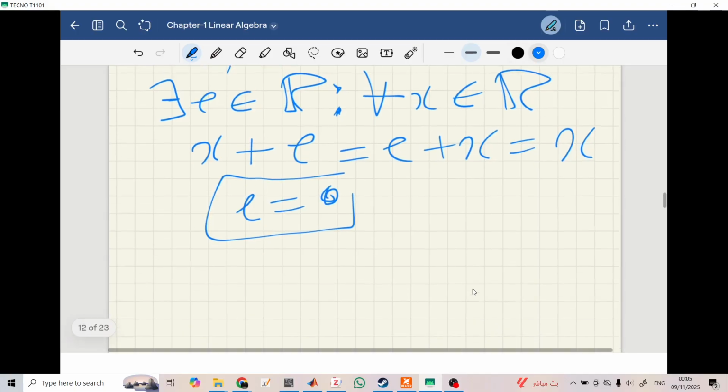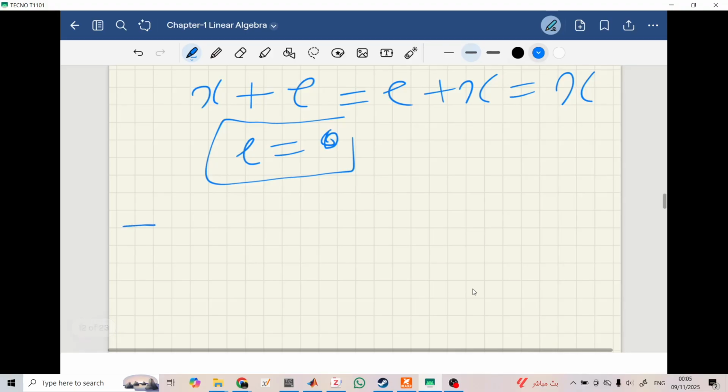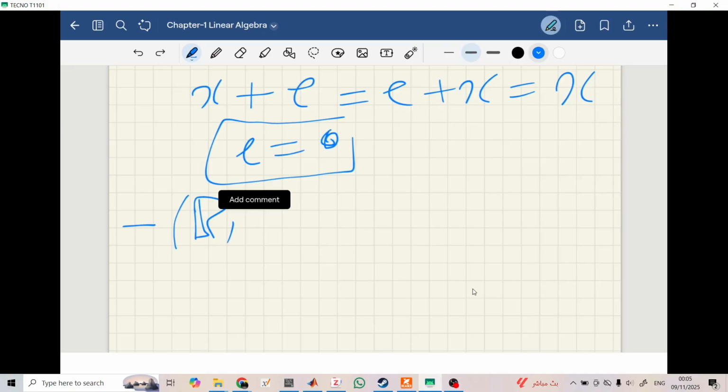So let's take another example. Here we have the same set, the real numbers, and the multiplication. So let's put a dot here. Again, the same thing.